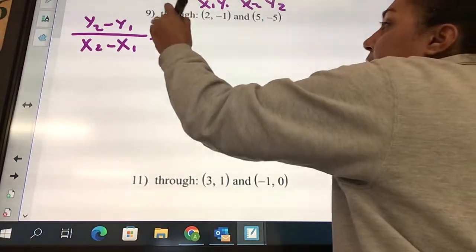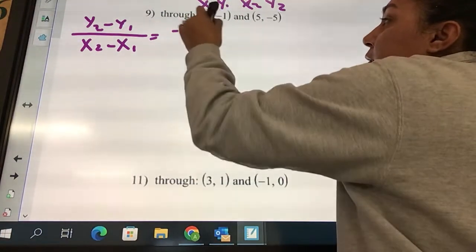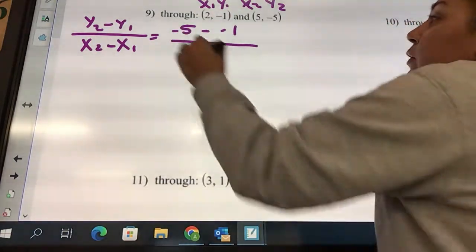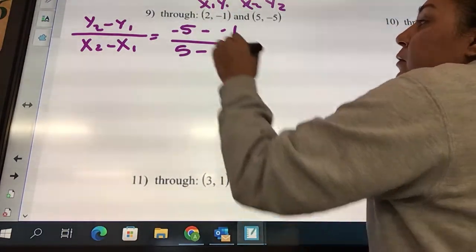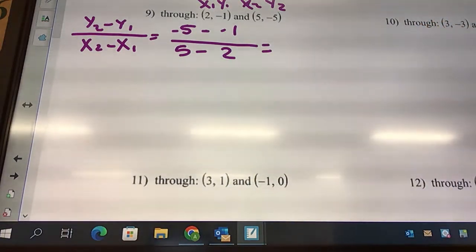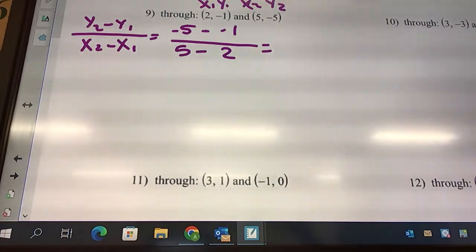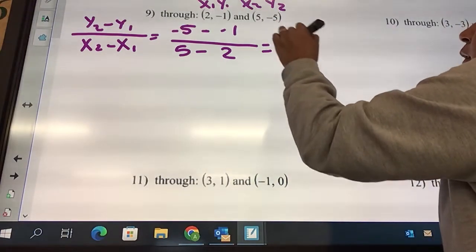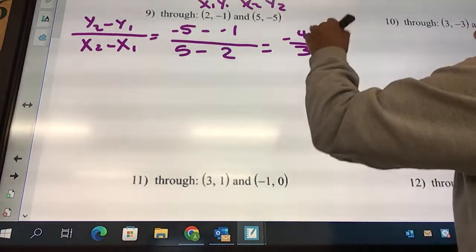Okay, so to get -5 minus y1 is -1. x2 is 5 minus x1 is 2. Positive, so it'd be -4 over 3. Okay, and this is my m.